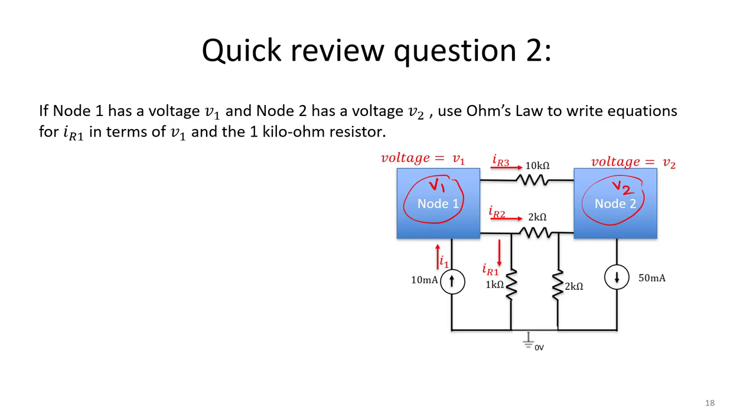We're asked to use Ohm's law to write an equation for IR1, that's this one here, in terms of V1 and the 1 kilo ohm resistor.